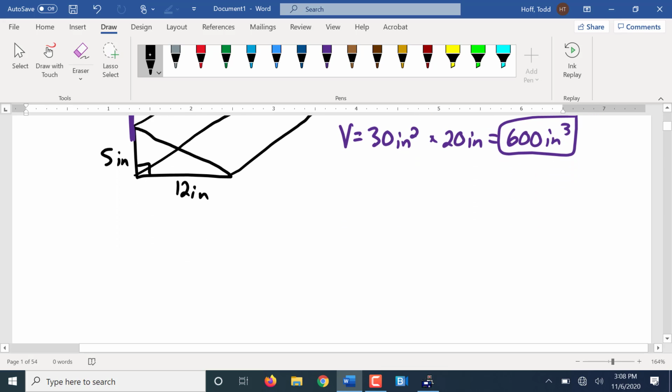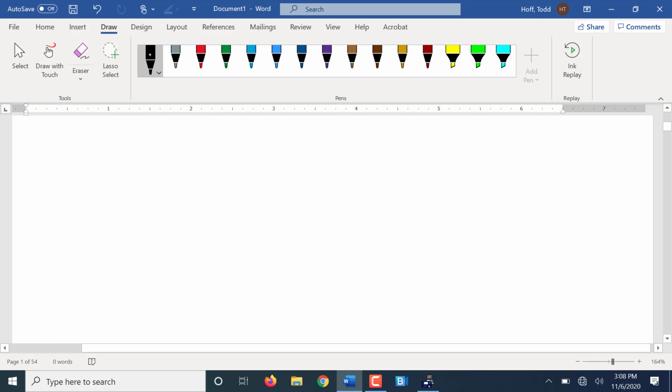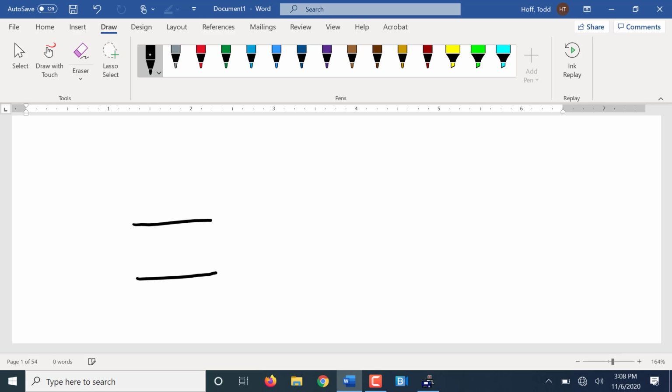The nice thing about this formula is it doesn't even have to be a regular shape for the base. As long as it's a shape that we can break down, that's just to show that's the center of a circle.